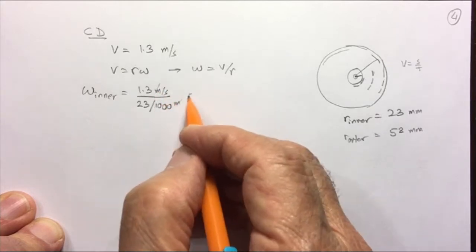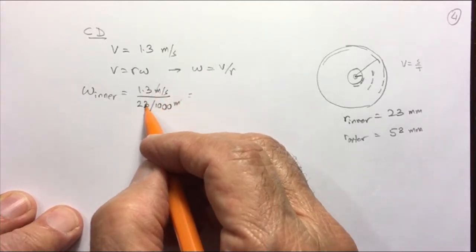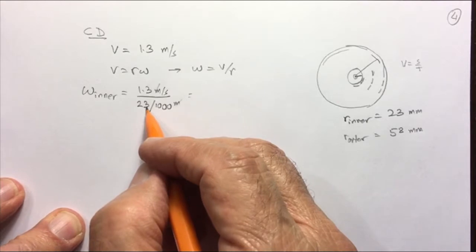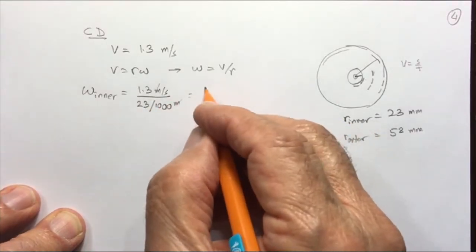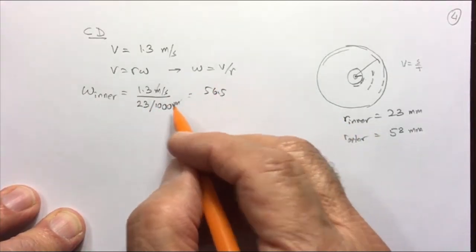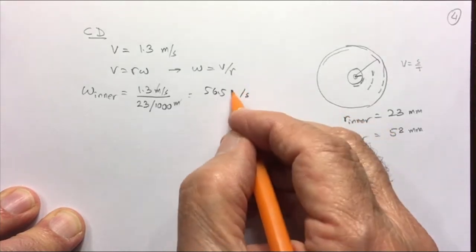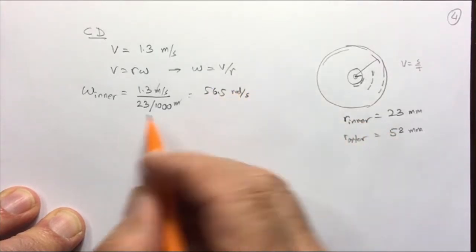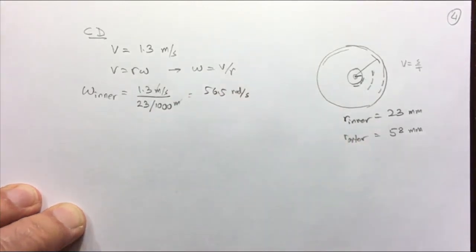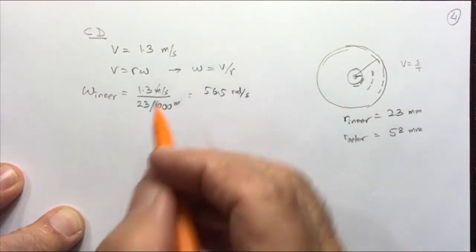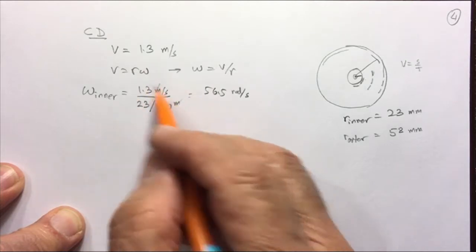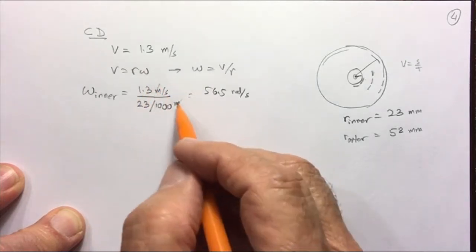The meters will cancel, and 1.3 over 23 comes to 56.5, and it's only per second, but we write it as radians per second to indicate that it's an angular speed, even though the radians are not visible here. Or you can see the meter per meter is a radian.